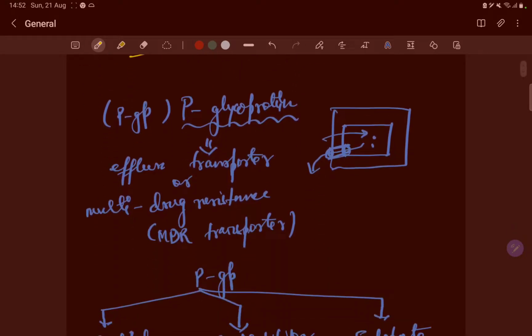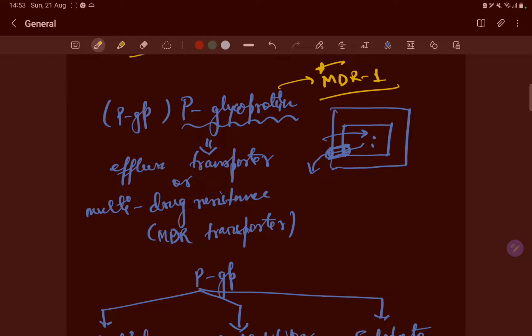Now there is something important called P-glycoprotein. P-glycoprotein is nothing but MDR1, multi-drug resistance. It is a transporter. MDR1 is very important because you will learn it in pathology also. There is a mutation of MDR1 and MDR2 that leads to many problems, many cancers also.